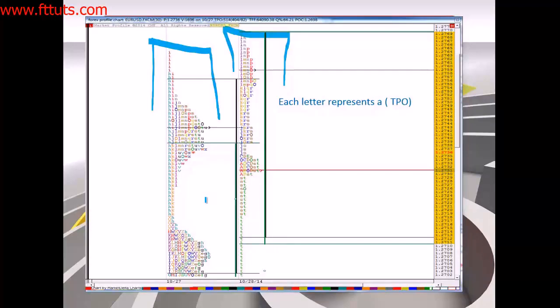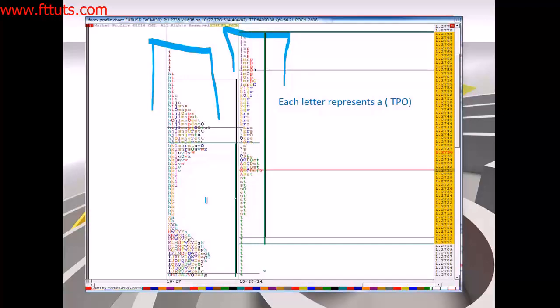We can certainly adjust and change the structure of the profile to suit the time increment and the time period that we are looking to trade. So of course I can do a 2-day profile, a 3-day profile, a weekly profile, a monthly profile, provided of course that you have the appropriate platform that will allow you to do those types of settings.